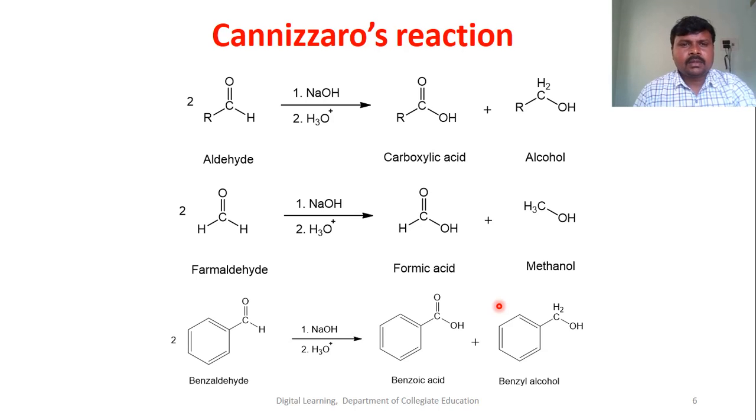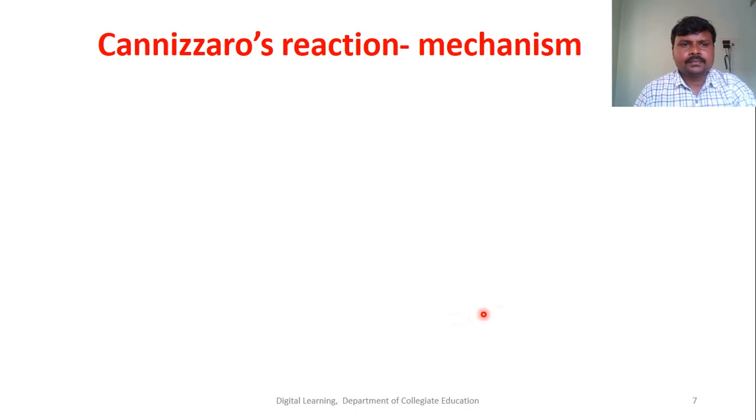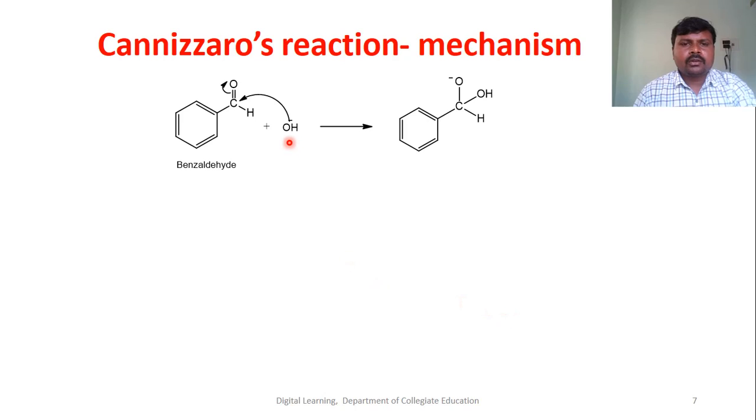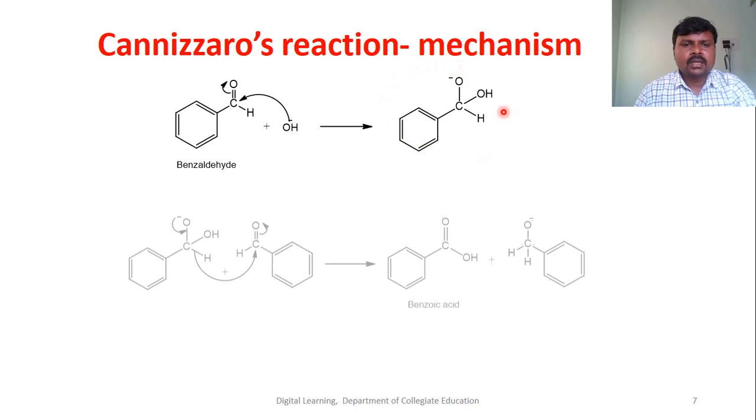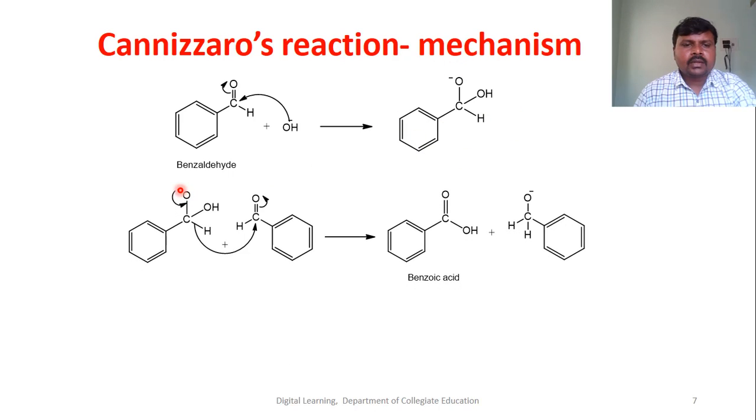Let us see the mechanism of this Cannizzaro's reaction. In the first step, the hydroxyl ion attacks the carbon atom of the carbonyl group, and the pi electrons between carbon and oxygen move to the oxygen atom to form alkoxide ion. In the next step, the electrons on the oxygen atom move between carbon and oxygen atom to form a carbon oxygen double bond, and the hydrogen atom with electrons moves to another molecule of benzaldehyde.